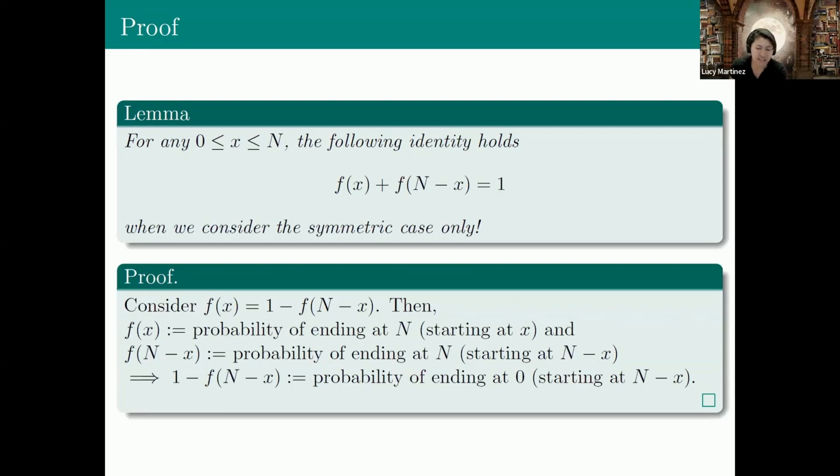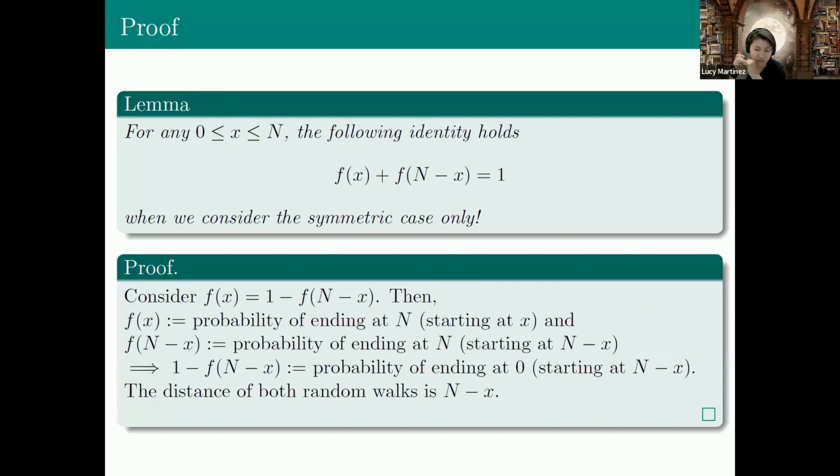Because of the way that these random walks are, in the sense that the probability of going to the left and right is the same by 1 unit, and the distance between x and n is n minus x, and then the distance from 0 to n minus x is n minus x as well.